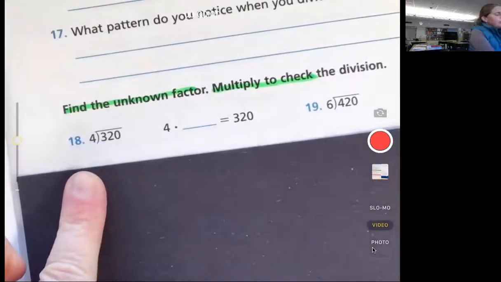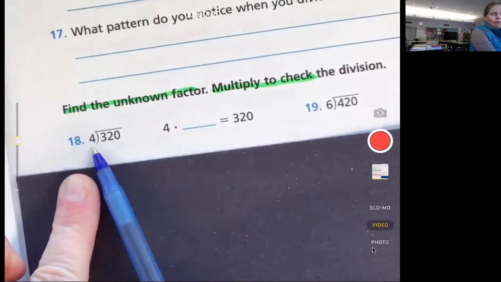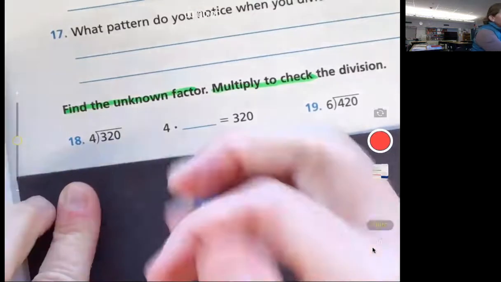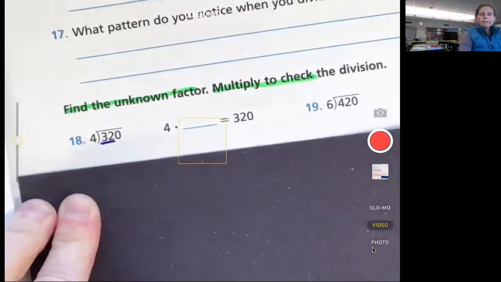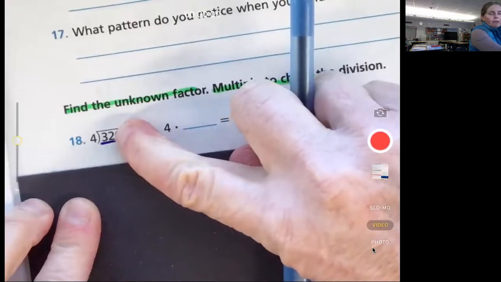There we go. So I'm going to read this 320 divided by 4. I don't want to be scared by this large number. I'm going to look at just the base number without zeros. I'm going to imagine that this 0 is not there and that it's 32 divided by 4.